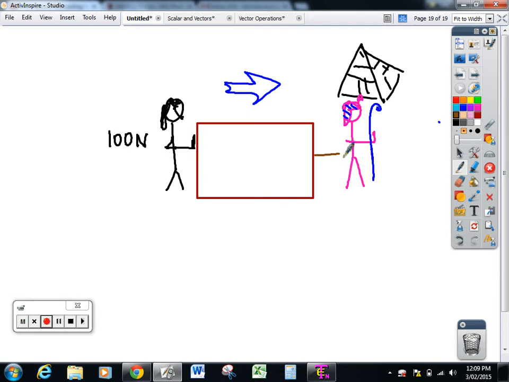I'm going to pull along here, and as Pharaoh I don't have to pull at 100 newtons. I'm going to pull at, let's say, 20 newtons as well. Are we pulling in the same direction? So what's the overall pull in that direction? 120. 120 newtons makes sense, doesn't it?